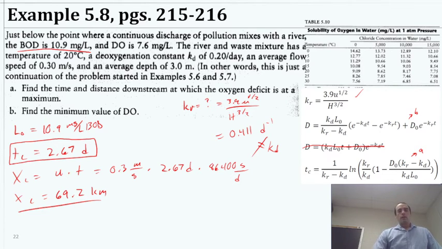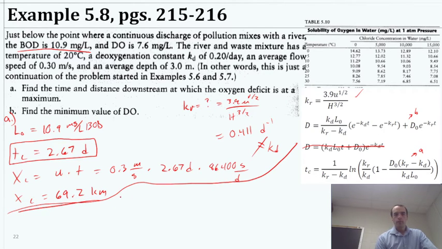Okay, so that was part A. Part B, I'm going to go ahead and separate this. Part B says find the minimum value of dissolved oxygen. That's going to be the deficit at time critical. So D, I could just do a subscript C, I suppose. And so really all we have to do is put in the time here.